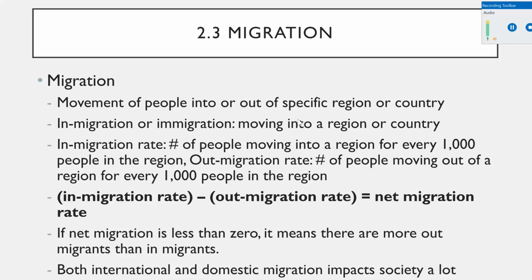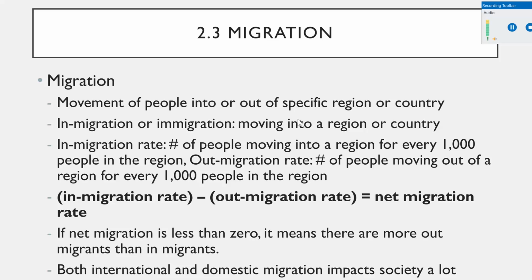So the net migration rate can be calculated by deducting the out-migration rate from the in-migration rate. In other words, in-migration rate minus out-migration rate is the net migration rate. If the net migration rate is less than 0, if it is negative, it means there are more out-migrating people, or a higher out-migration rate.